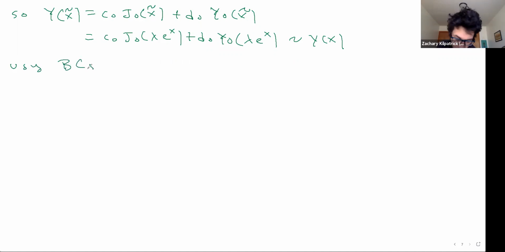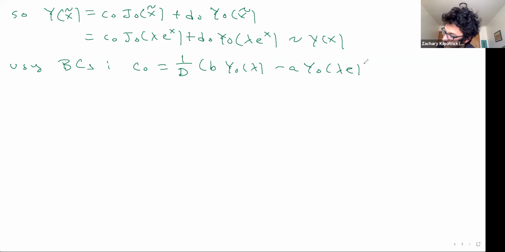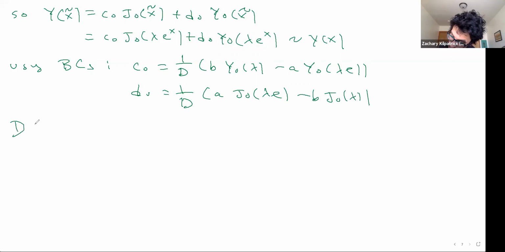So using our boundary conditions, C0 is going to equal 1 over d times b Y0 of lambda minus a Y0 of lambda e, and D0 is equal to 1 over d times a J0 of lambda e minus b J0 of lambda, by just plugging in the boundary conditions and working out some of the algebra.